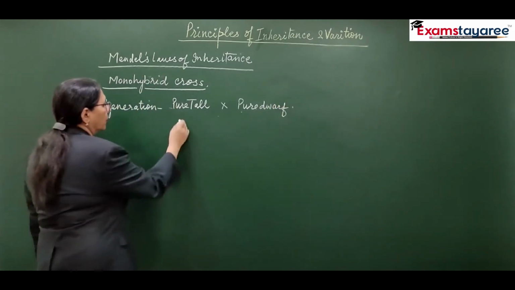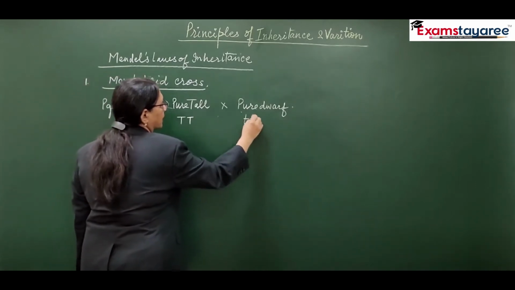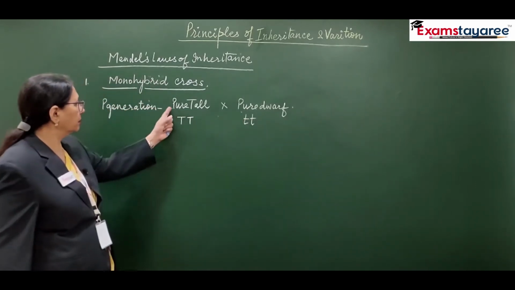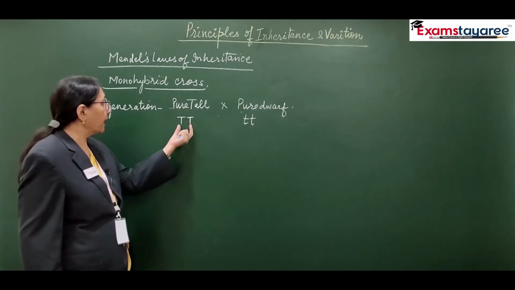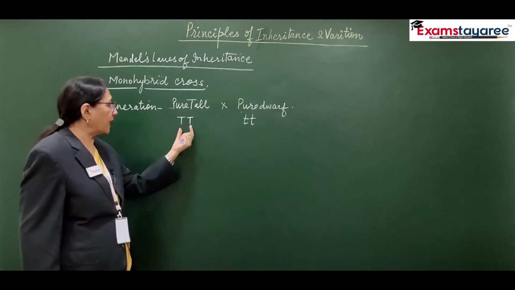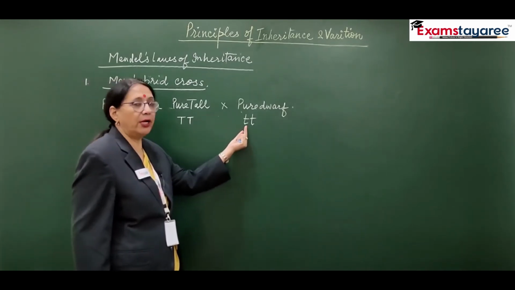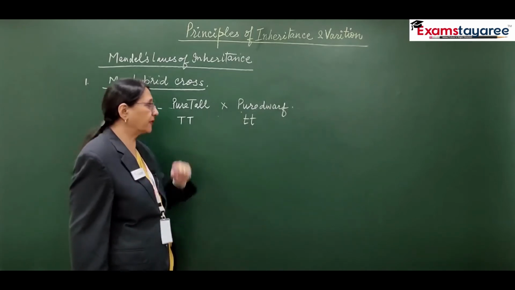You also know that he symbolizes his characters or traits by capital letter and small letter. So, capital letter denotes dominant character and small letter denotes recessive character.